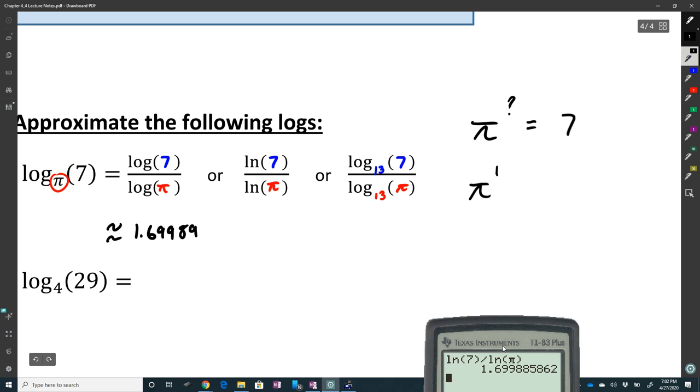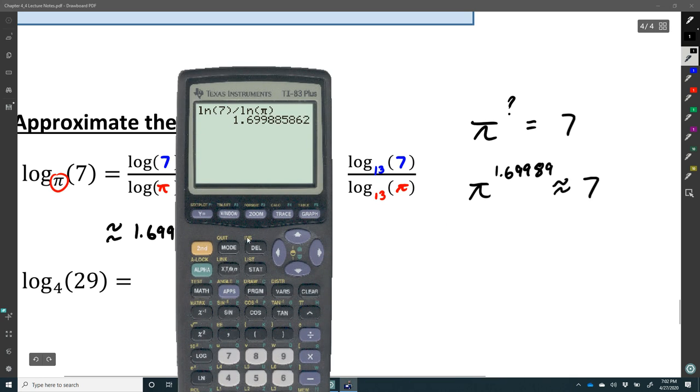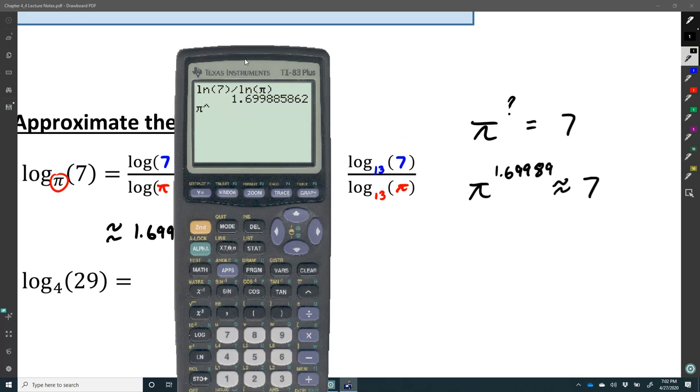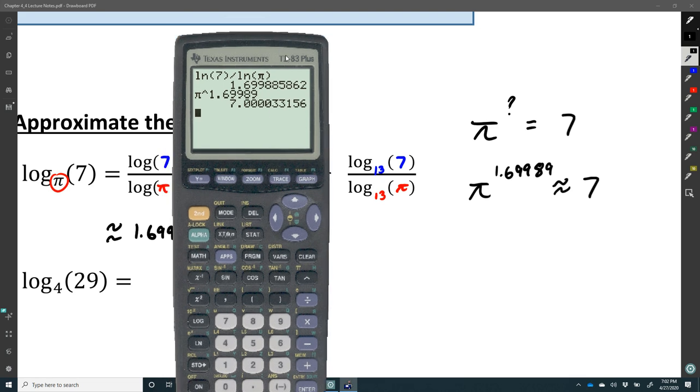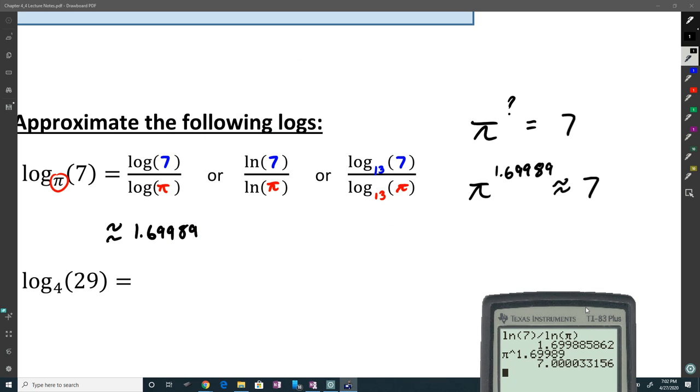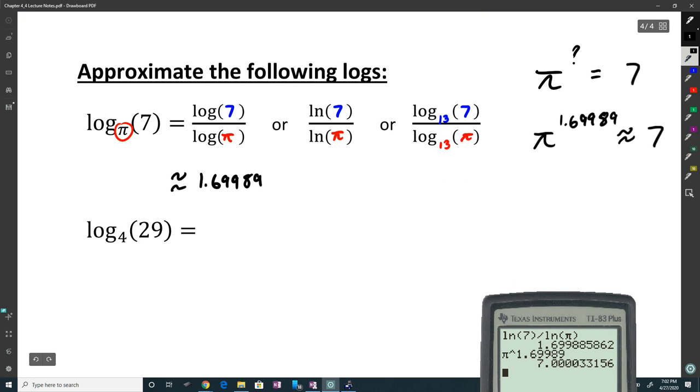Well, pi to the 1.69989 is very close to 7. Notice 7.0000. Right? So let's approximate log base 4 of 29.